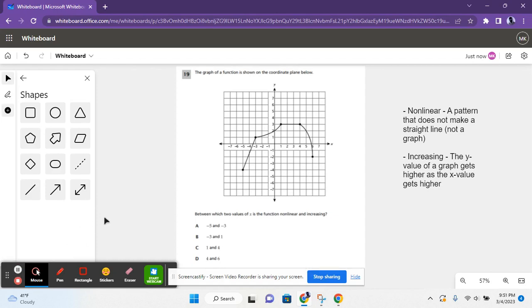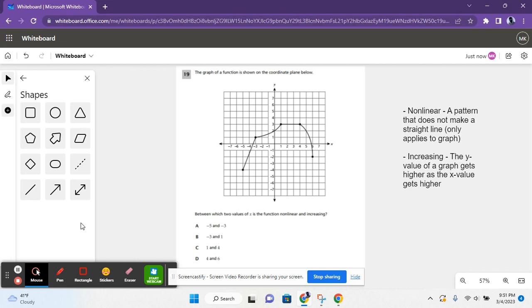Nonlinear is a pattern that does not make a straight line, and this definition only applies to graphs. Increasing is when the y value of a graph gets higher as the x value gets higher. So they're asking which two values of x is the function increasing, like the x value and the y values are increasing, but the line is not straight.